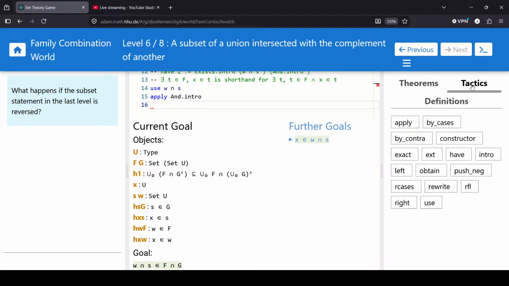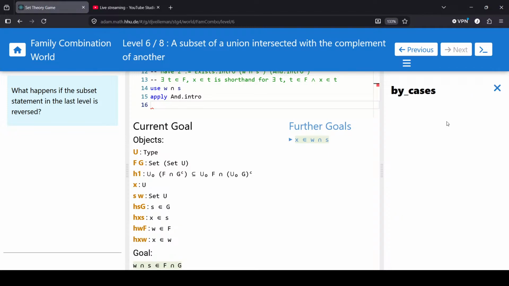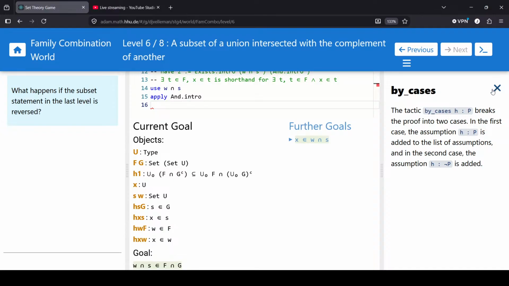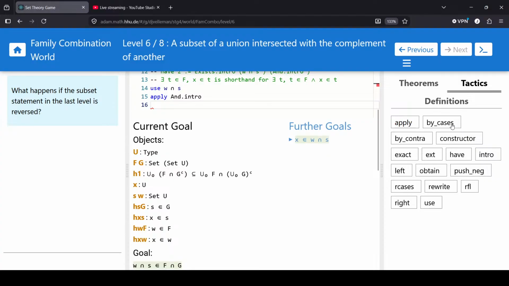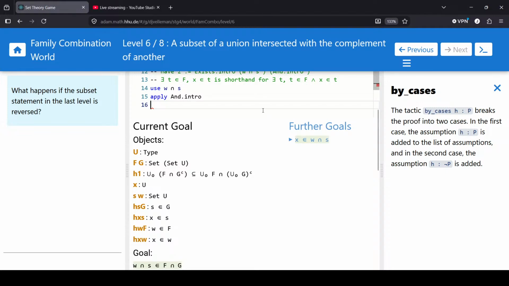Wow. There was a tactic by cases. That's worrying. Wait, do I have to use by cases? Nothing else seems to make sense though, right? By cases?